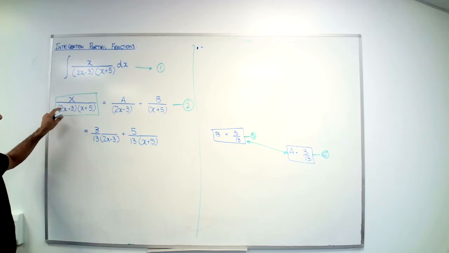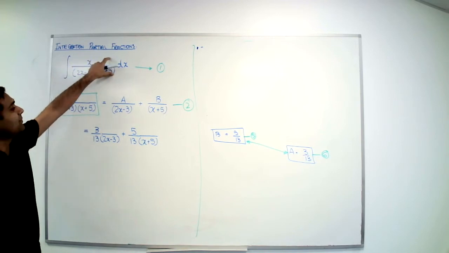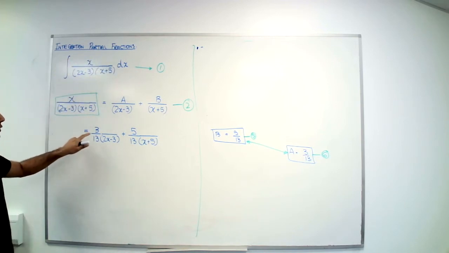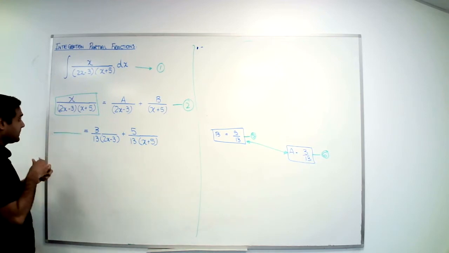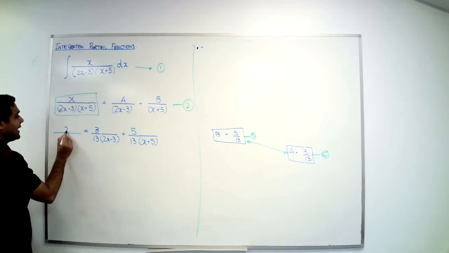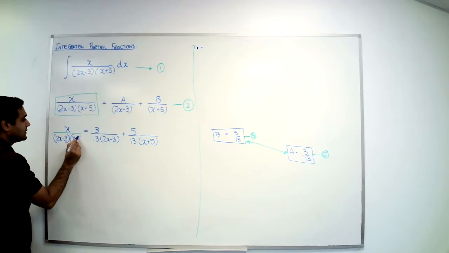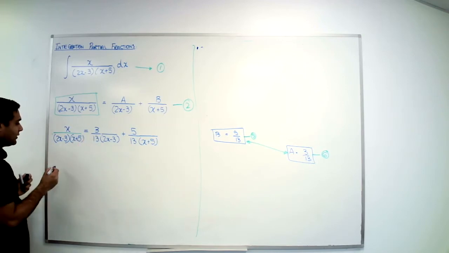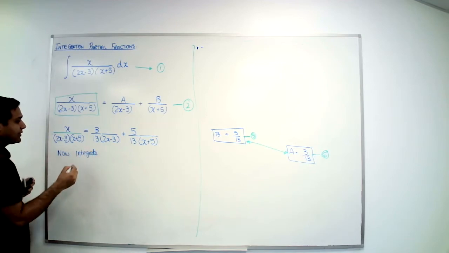So now I can put this back into this equation and then I will integrate. So we are going to integrate this bit because they both are equal. So this side is x and 2x minus 3 and x plus 5. So now let's integrate. We are integrating with respect to x.